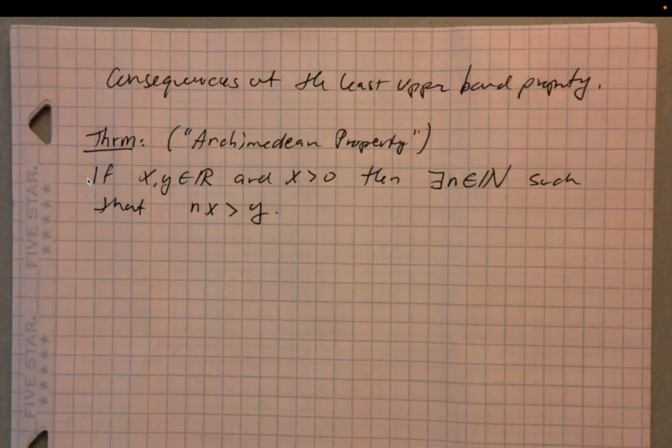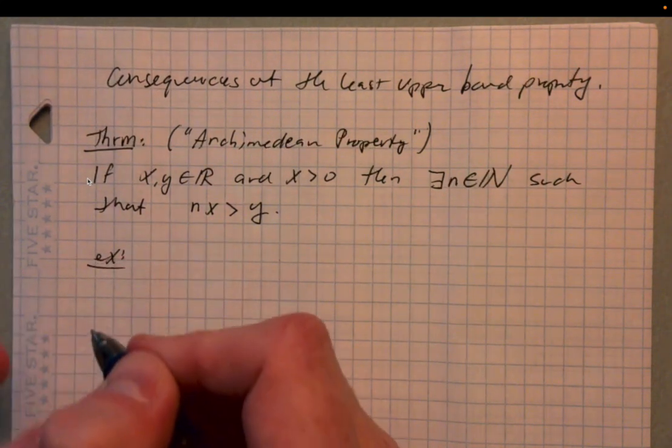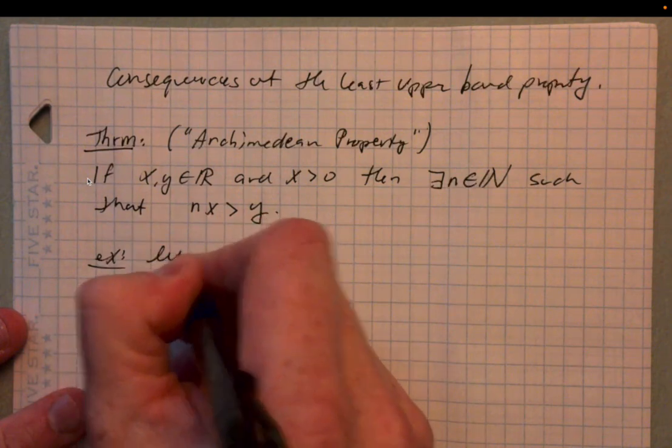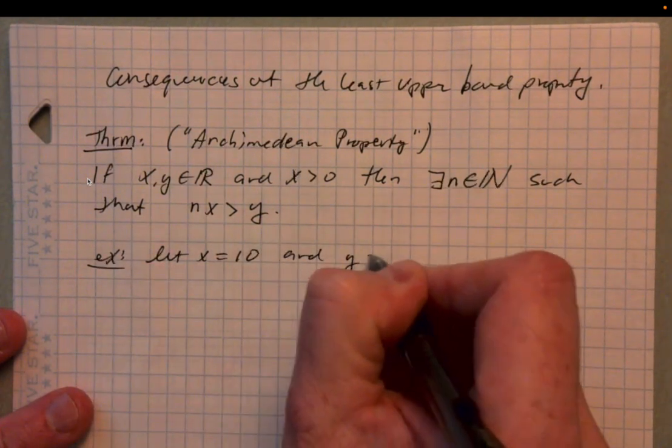You may be saying to yourself, if this is really named after Archimedes, I've not heard of this Archimedean property. Well, it's something that you kind of take for granted. It's a deceptively simple concept. Let's do an example. Let x equal 10 and y equal 50.